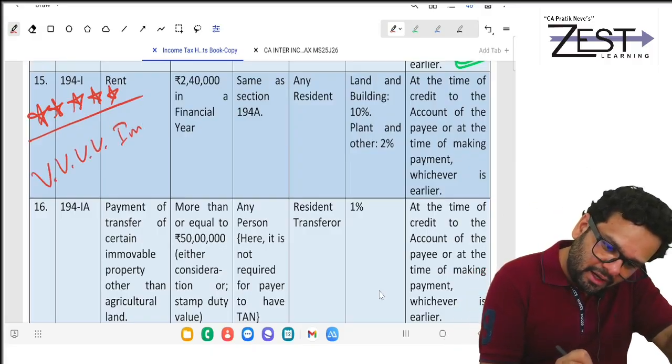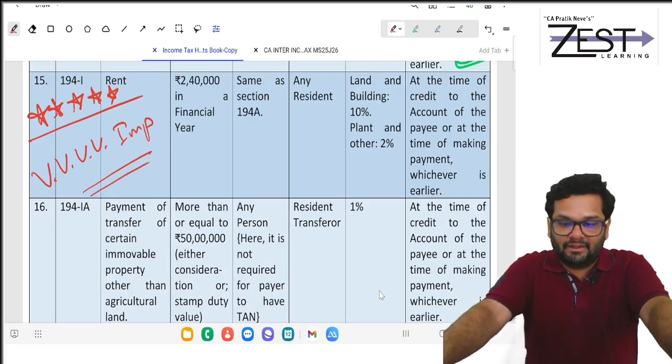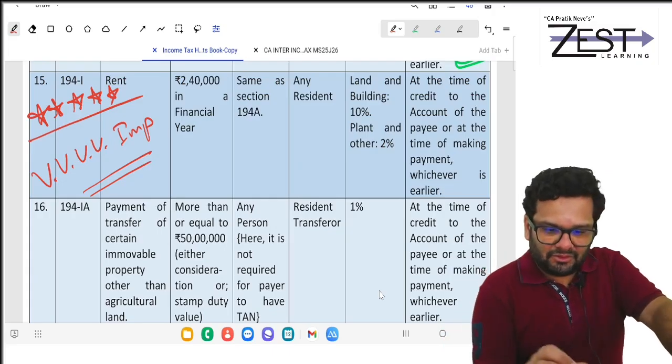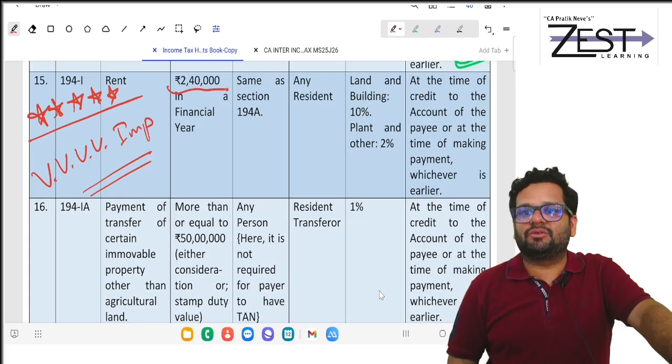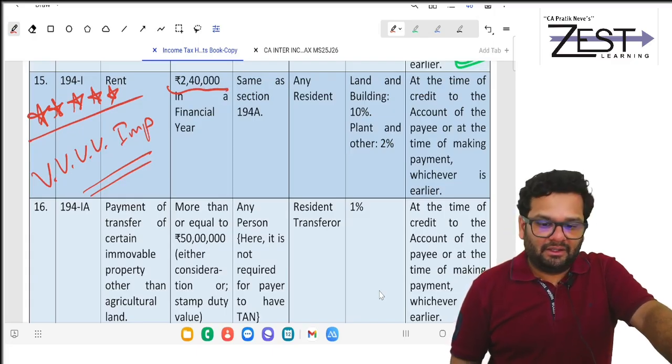Very important: rent. Threshold limit 2,40,000 in a financial year.